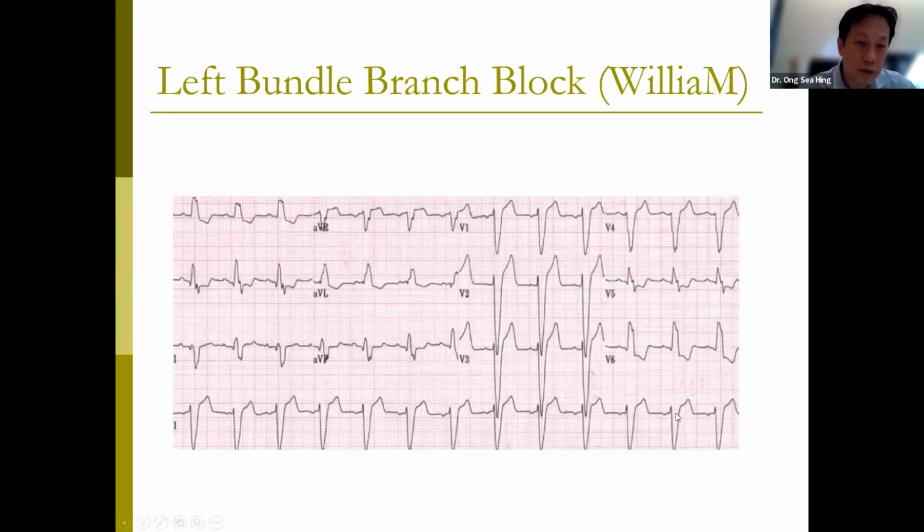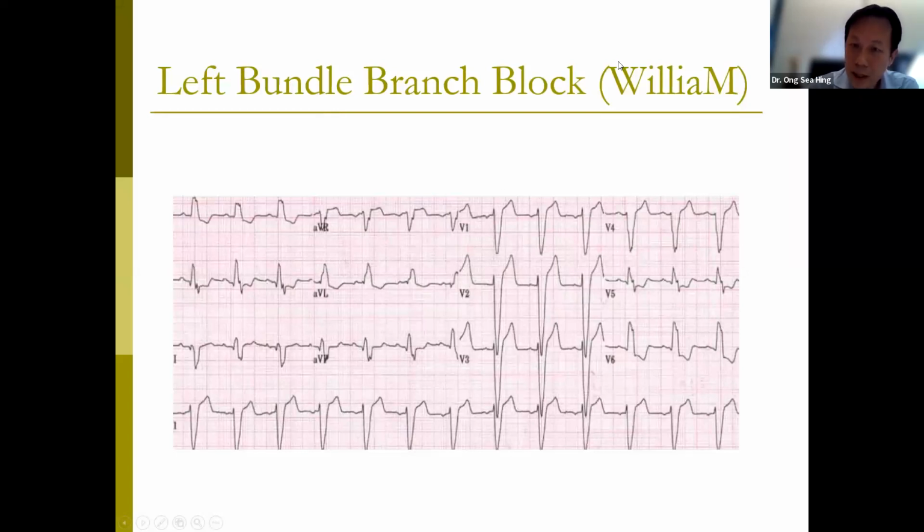One principle is that when the electricity moves towards the lead, it's going to be positive, right? Another principle is to be able to determine whether it is a left bundle branch block or a right bundle branch block pattern. On the left bundle, we know there is an anterior fascicle and a posterior fascicle, and therefore if the whole left bundle is blocked, you will get this pattern.